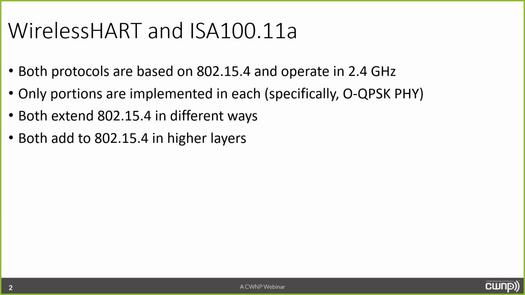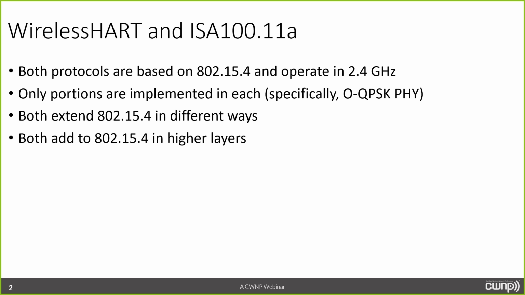Now, as I've already said, both protocols are based on 802.15.4, and they do operate in the 2.4 gigahertz band. Now, at first, that might seem like a problematic thing, and of course, it's more problematic than operating in some other bands, but they do use a channel hopping technique that does allow for some resiliency. And they use narrow enough channels that significant frequency spaces that are used by Wi-Fi, for example, can be avoided to a certain extent.